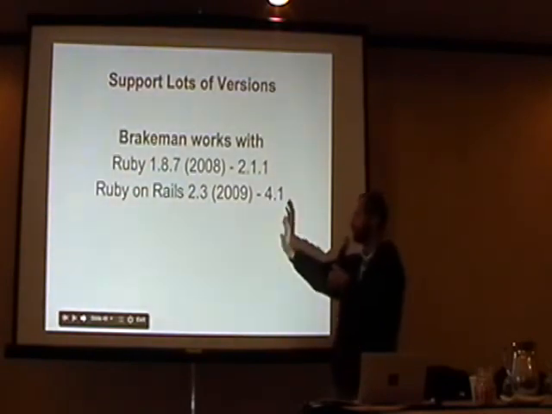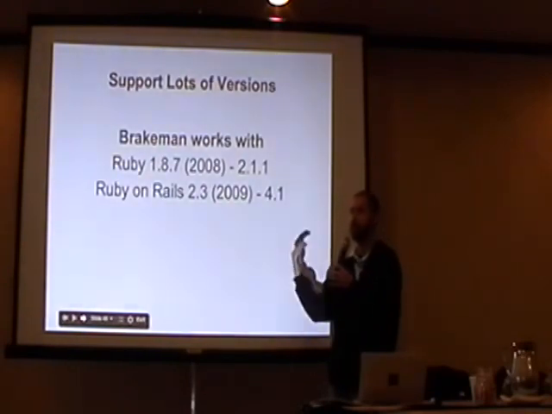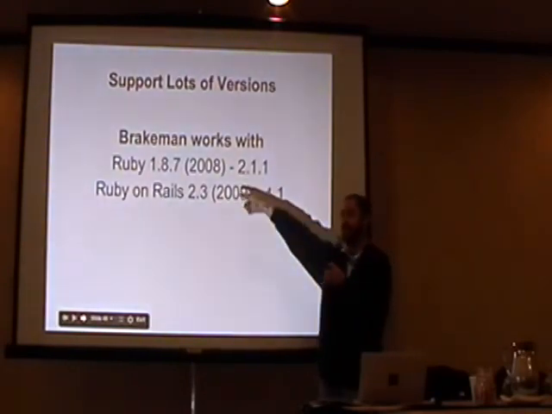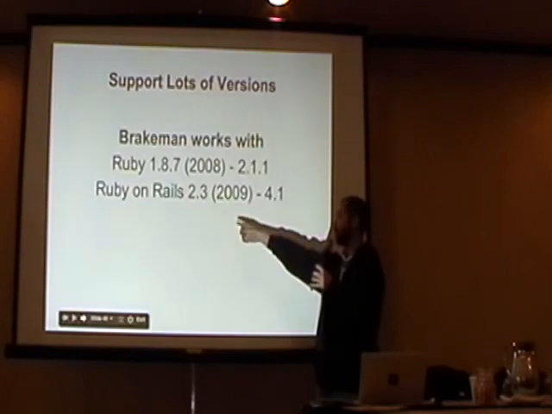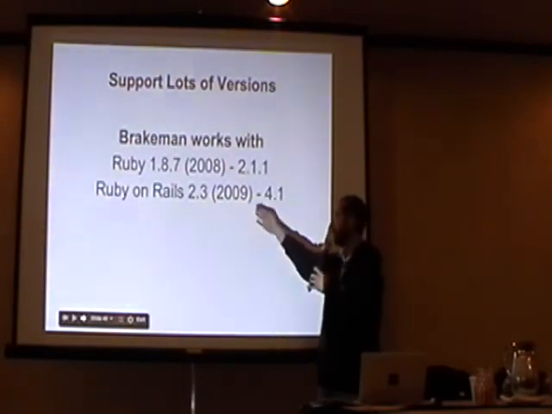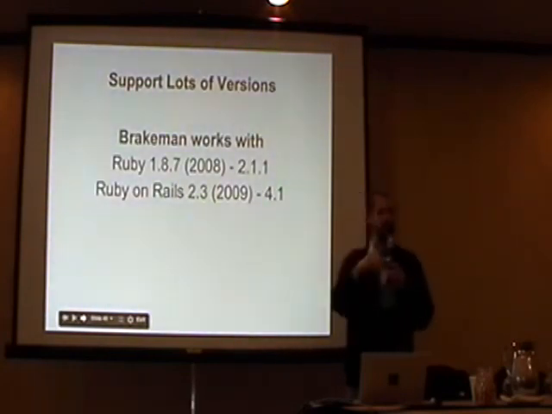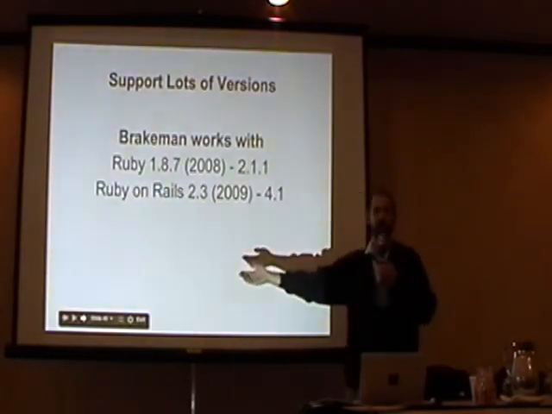But it works, I don't know if it works with Ruby 1.8.6, but it definitely works with 1.8.7 and newer, right? And that's from 2008. Ruby on Rails 2.3, I think it will actually work with 2.0. That was 2009, right?